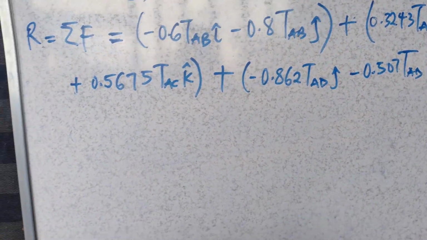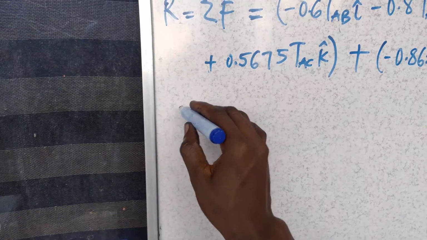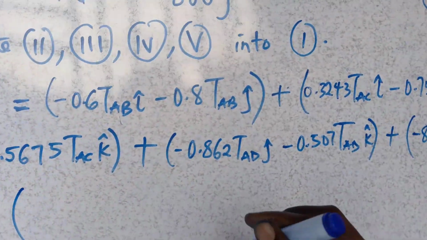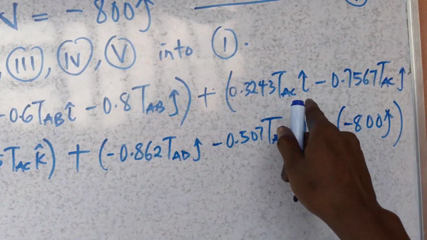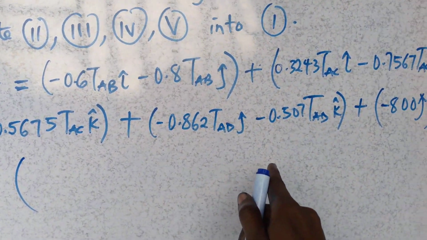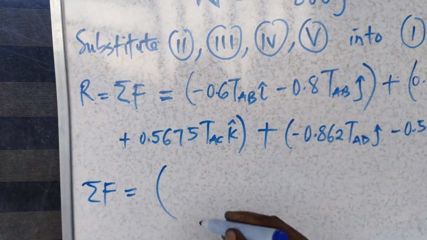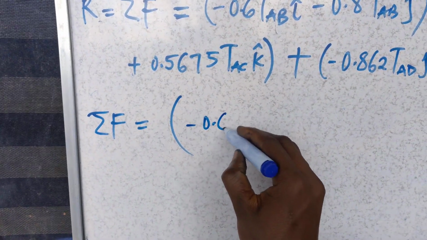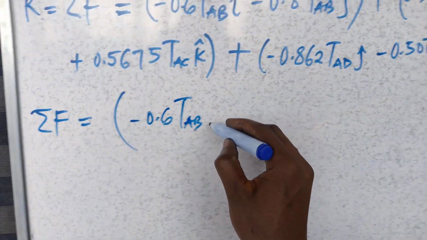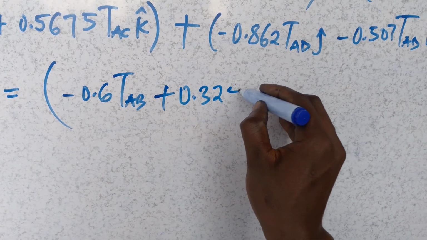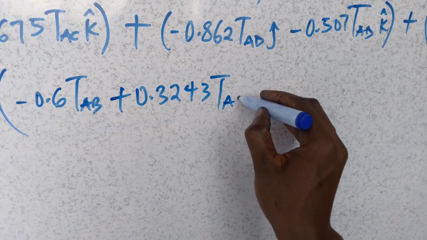Okay, so now I'll arrange them properly. Sigma F will be equal to, taking all the I coordinates: minus 0.6 TAB and plus 0.3243 TAC.